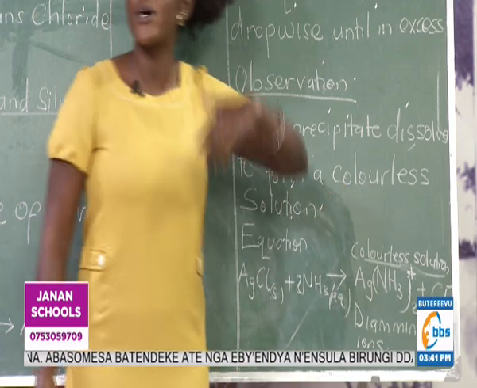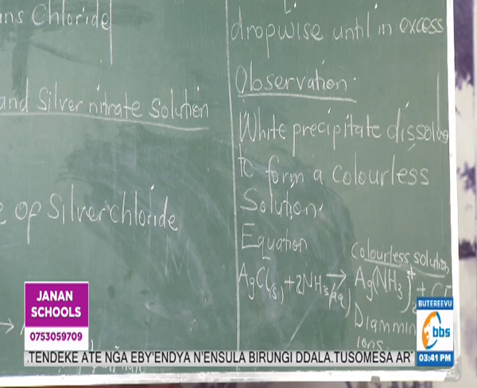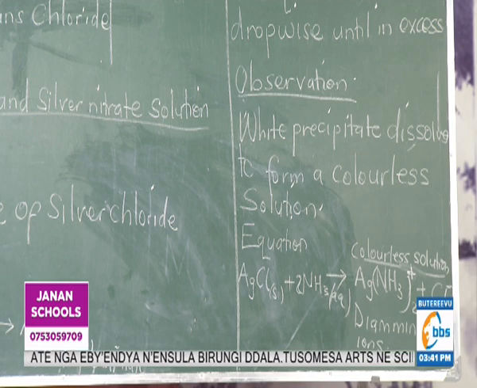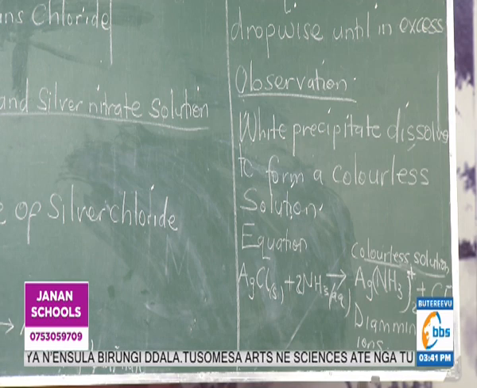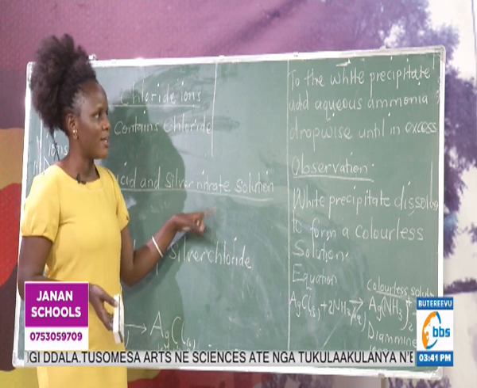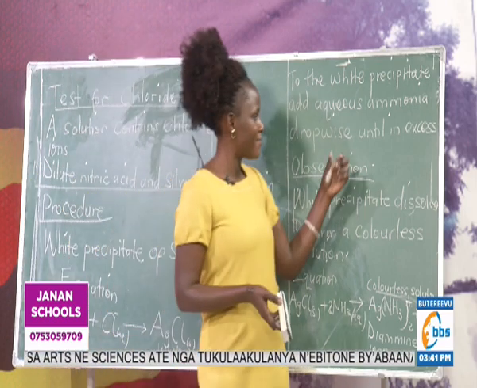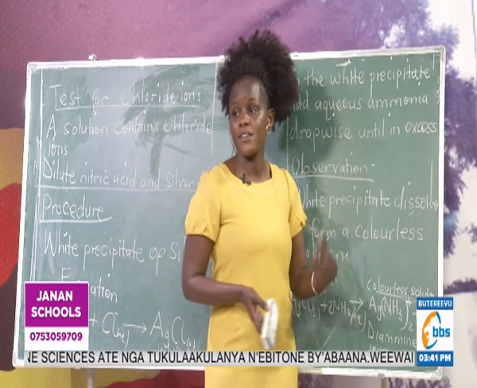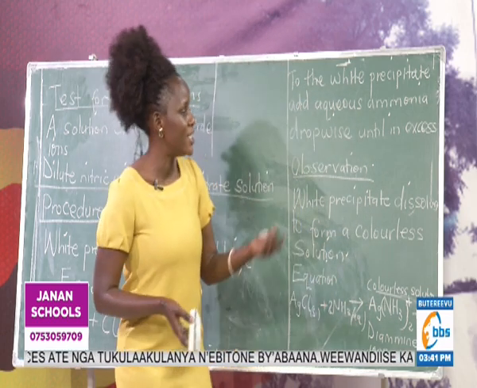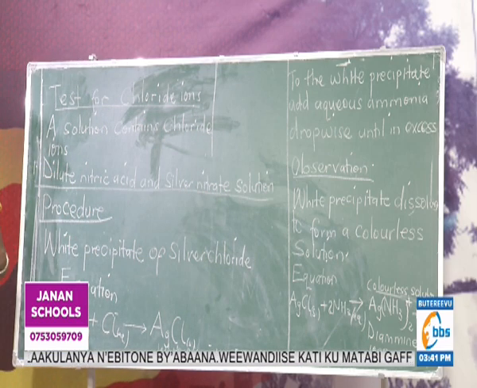So that is one way we test for chloride ions, by use of dilute nitric acid and then silver nitrate solution. If you get a white precipitate and to that white precipitate you add ammonia and the white precipitate dissolves to form a colorless solution, it will mean that indeed your solution had chloride ions.